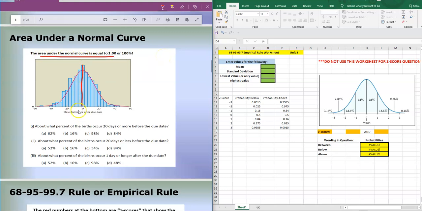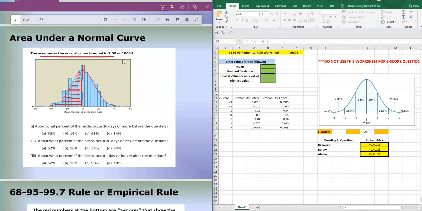So if I were to say find the probability below 0 days before the due date, that would just mean this half. Whatever the mean is, if it asks you to find the probability or percent below the mean, that's 50%, or above the mean, that's 50%.